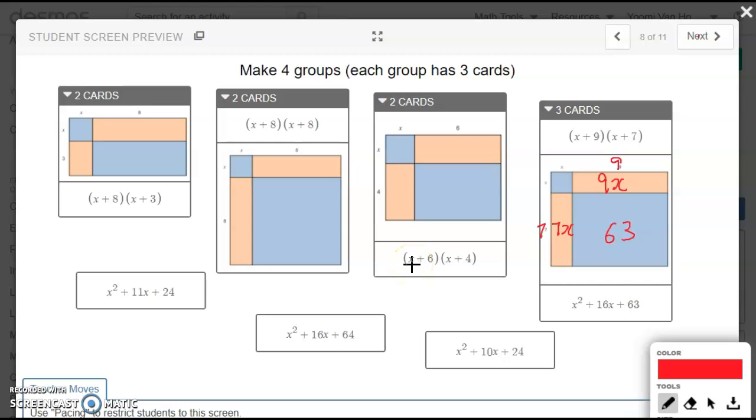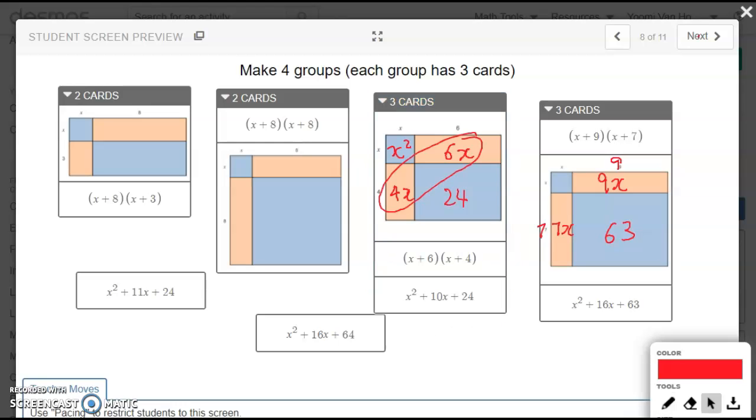I have 6 times x, so that's 6x, and this is 4 times x, so that's 4x, and 6 times 4 is 24. So combining 6x with 4x, we have x squared plus 10x plus 24. Here we go.